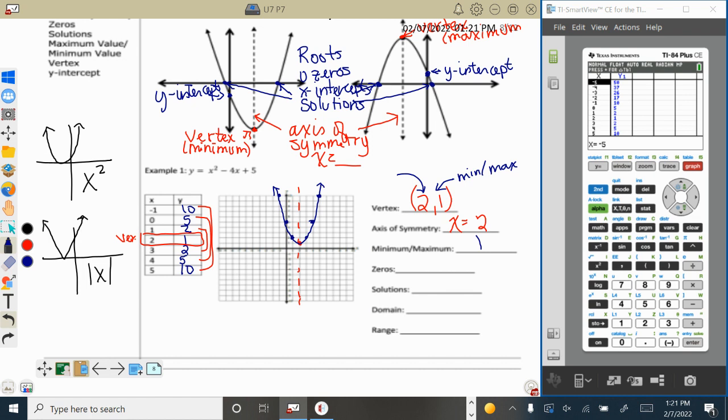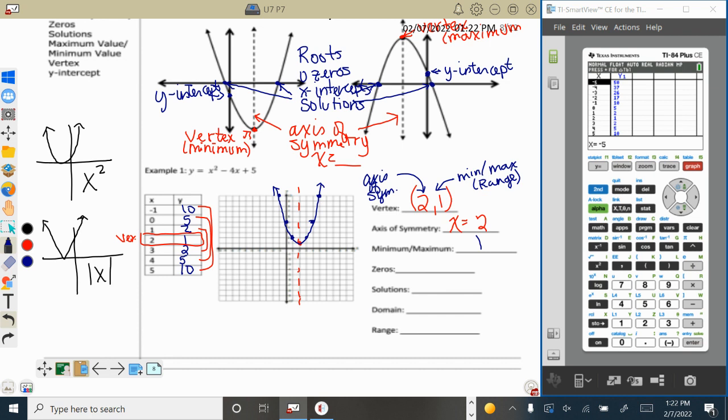And this number right here is our axis of symmetry number. Now this min/max number is also going to be part of our range. We need to remember that a little bit when we talk about domain and range.